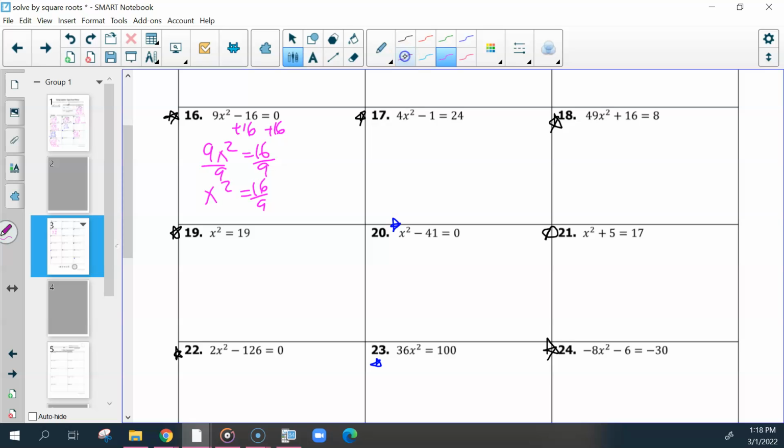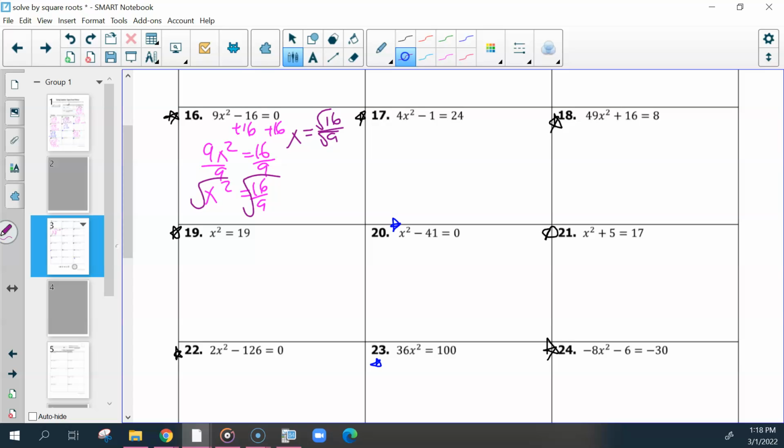I'm still going to take the square root of both sides. But when we take the square root of a fraction, if both are perfect squares, then we can separate this so that it's the square root of the top and the square root of the bottom. So the square root of 16 over the square root of 9.